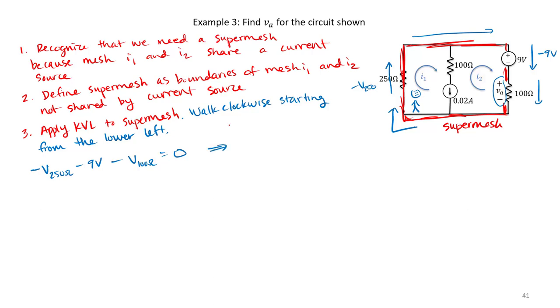So I can rewrite in terms of the mesh currents. And so the voltage drop across my 250 ohm resistor, I only have I1 flowing through that part of my circuit. So in this case, I'm going to have negative 250 times I1 as voltage drop across 250.